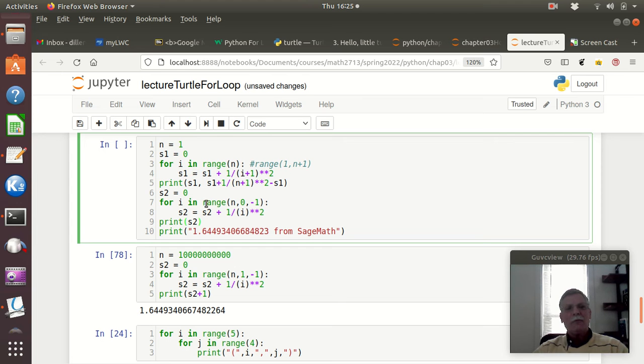And so I'll print these out. Now here I wanted to print the next term out that you would add. So, well, here's the next sum, and then minus the previous sum.